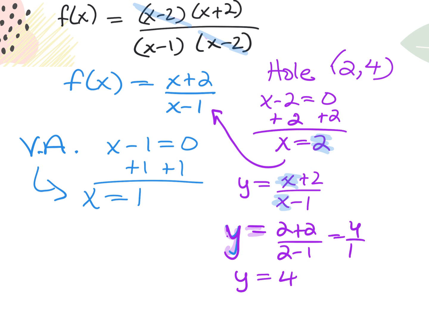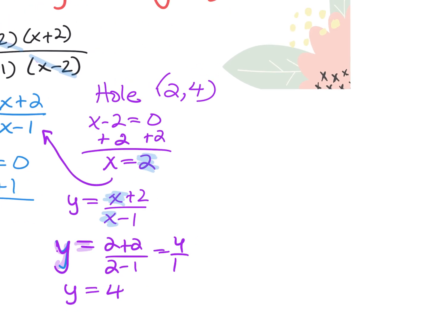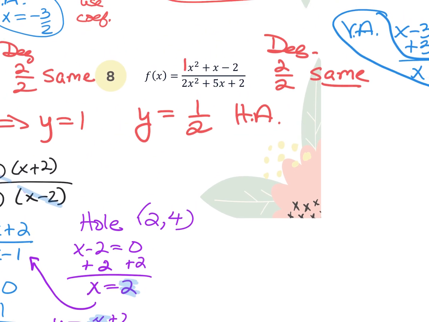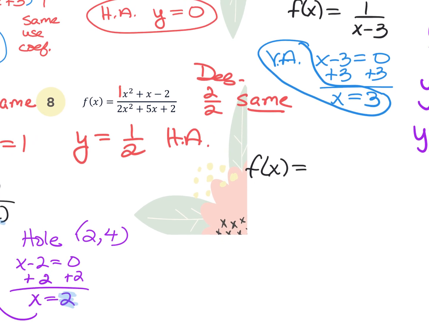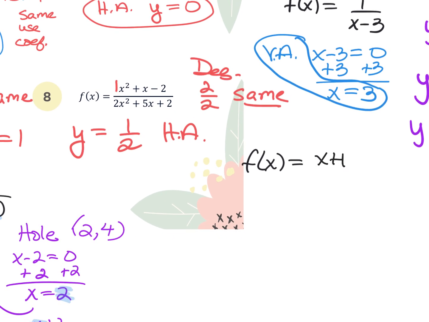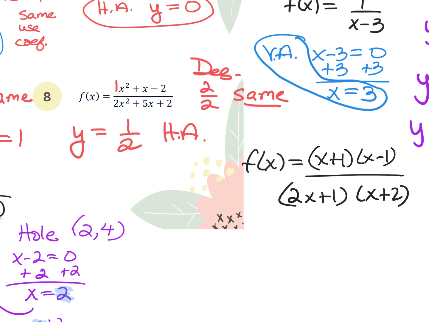Last example, exactly the same thing. We've already found the horizontal. Let's find the vertical. Factor first. I can factor the numerator into x plus 2, x minus 1. The denominator will factor into 2x plus 1 times x plus 2.